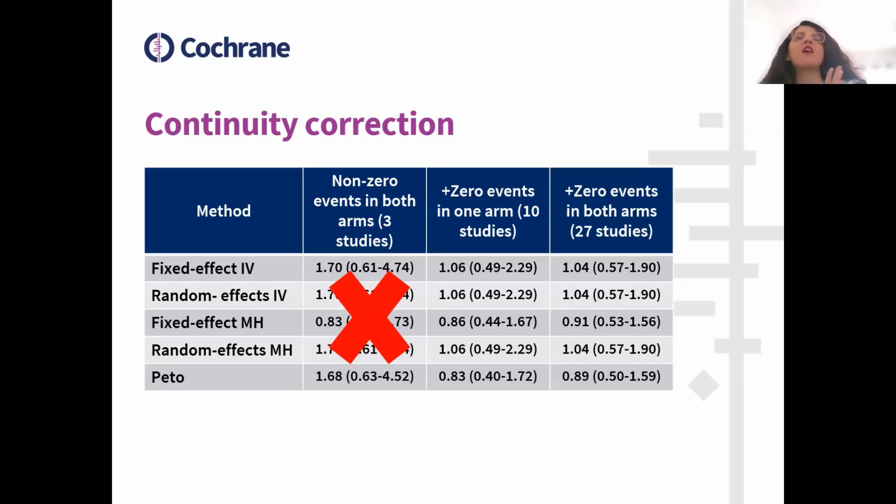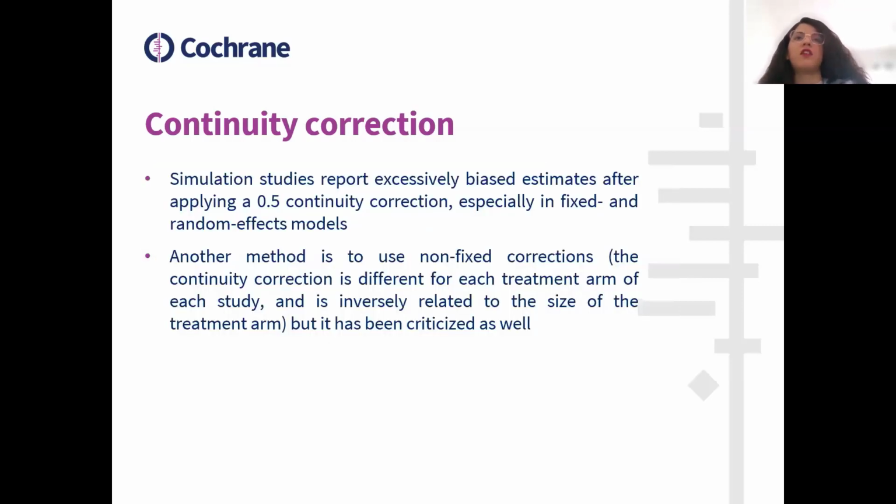As you can see, the two last columns give results which are not very different, but simulation studies report excessively biased estimates after applying a 0.5 continuity correction, especially in fixed and random effects models. There's also another method in which we can use a non-fixed correction.